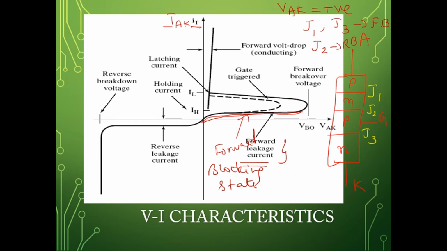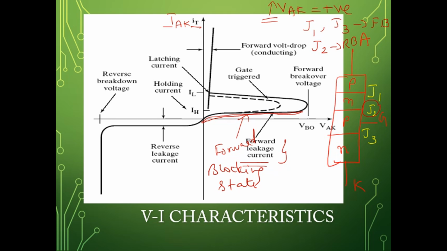Next, if we increase the anode to cathode voltage to a sufficiently large value, that means if you keep on increasing this VAK in the positive direction itself, then what will happen is the reverse biased junction J2 will break.